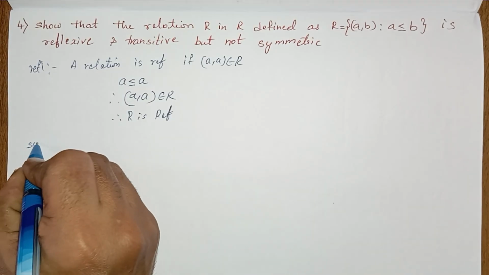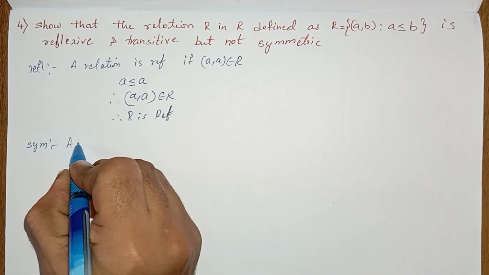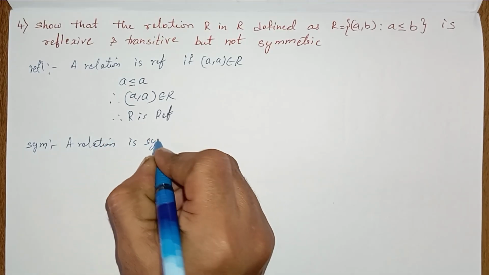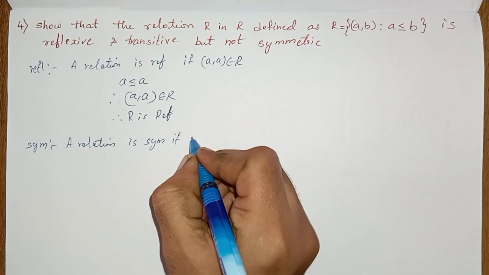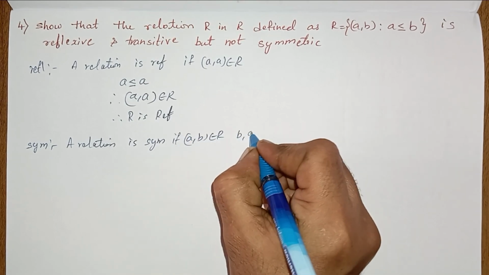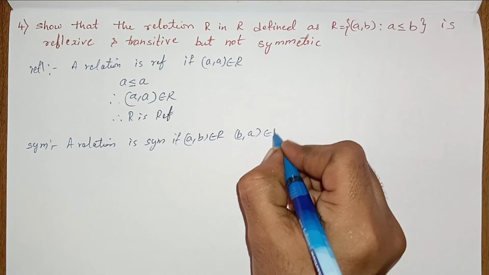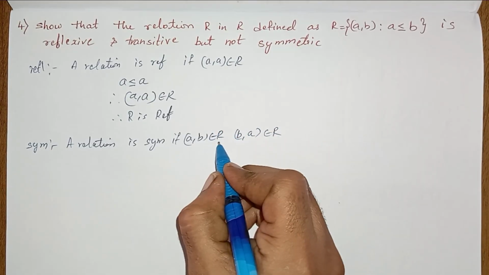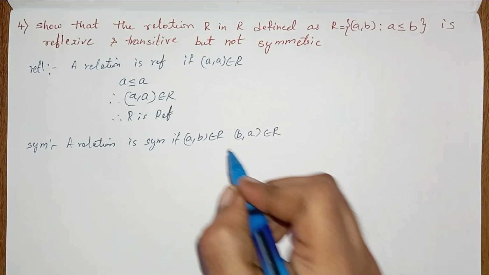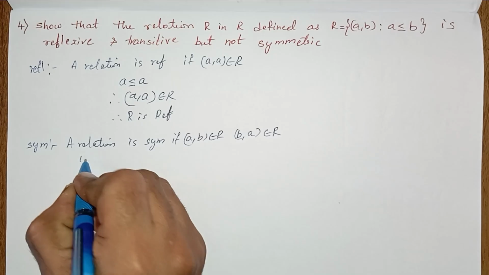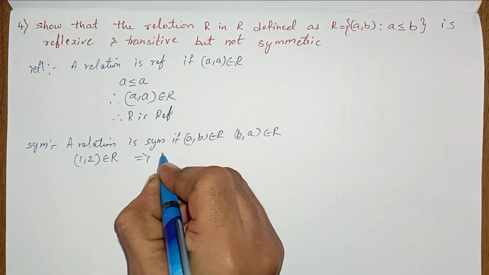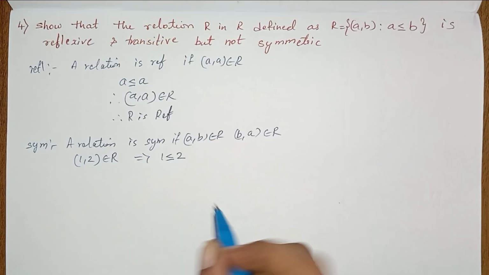Now we have to check for the symmetric. A relation is symmetric if a comma b belongs to R, then b comma a should also belong to R. Here if I take one example, 1 comma 2 belongs to R, that implies 1 is less than or equal to 2.